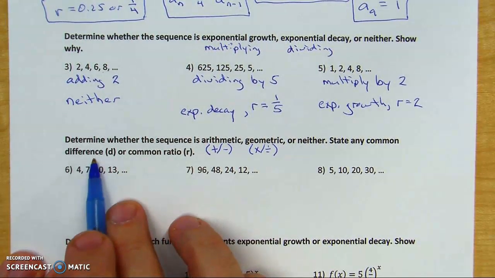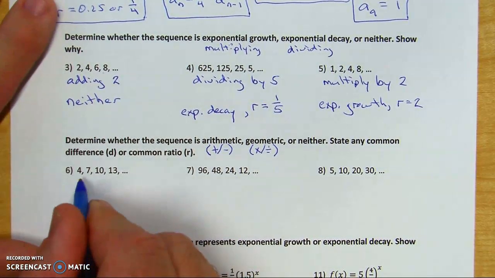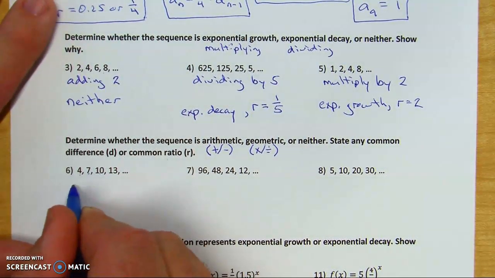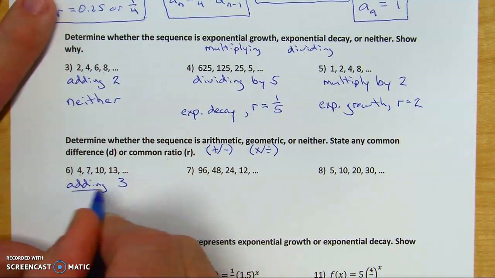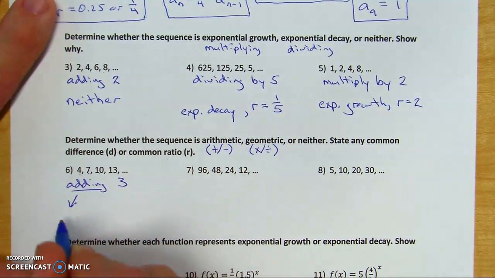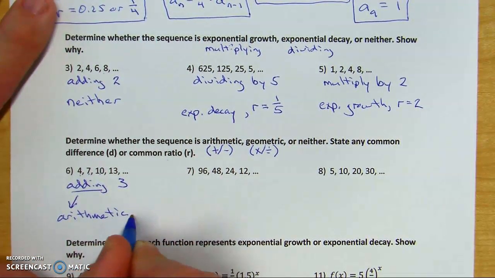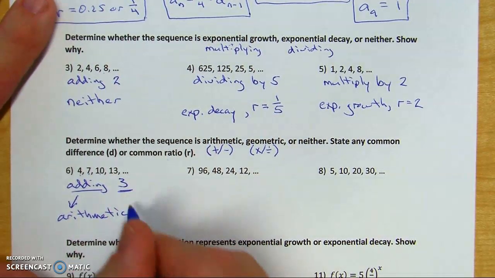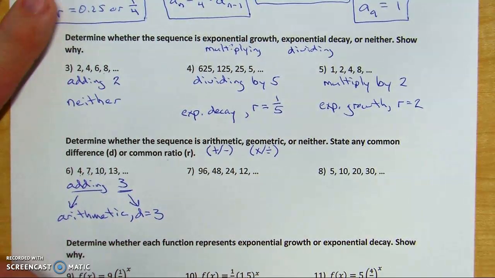It does say that we have to state the common difference or ratio if there is one. So on number 6, hopefully you notice that they're all adding 3. Since it's adding, that tells us that it's arithmetic. And then this part right there, that's going to be your common difference. They're all 3 apart from each other.